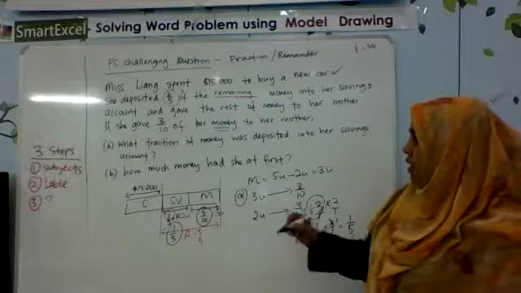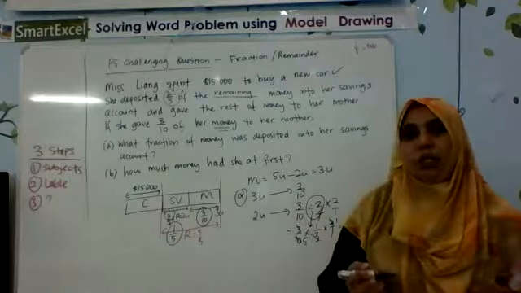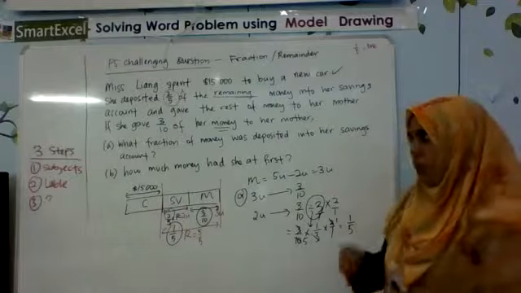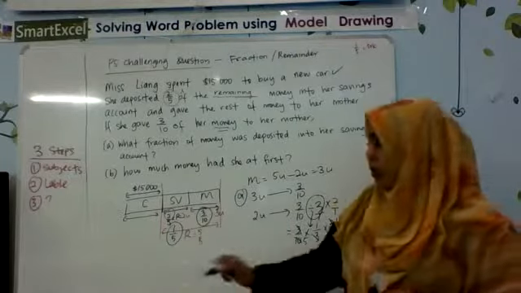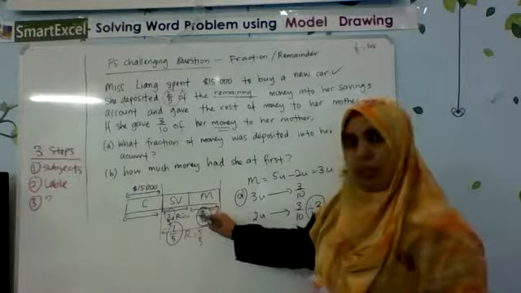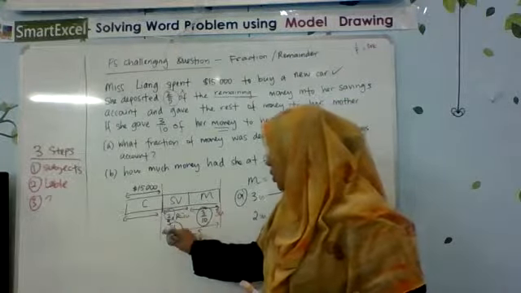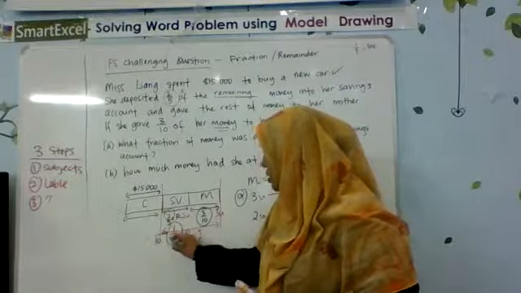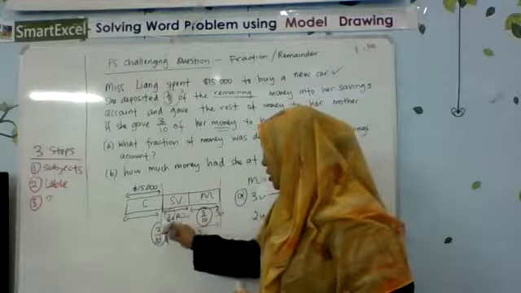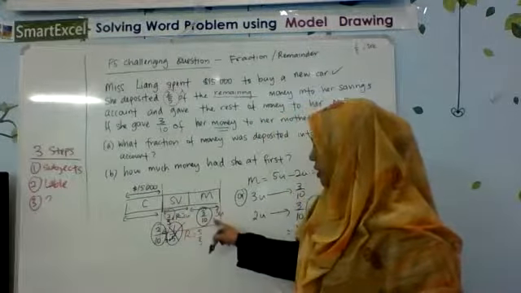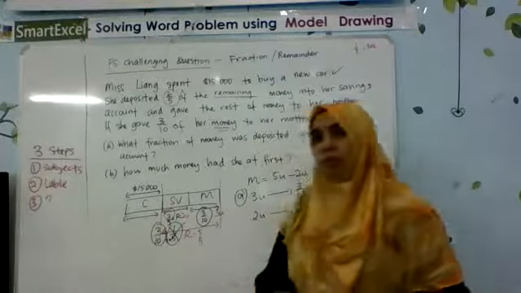Then they ask for B: how much money does she have at first? Again, we need to get the equivalent. We need to know the car that she spent on in terms of fraction. We already know mother is 3 over 10 and saving is 1 over 5. We make the denominator the same: times 2, so here is 2 over 10. So we have mother 3 over 10, saving 2 over 10, so the car will be 5 over 10.